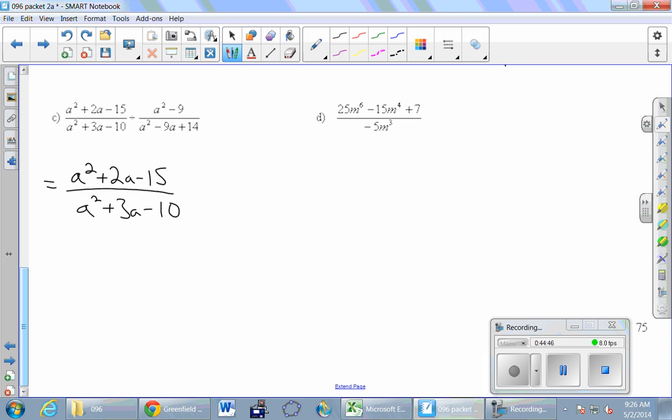What happens to that division symbol? Changes to multiplication. What happens to the second fraction? Flip it over.